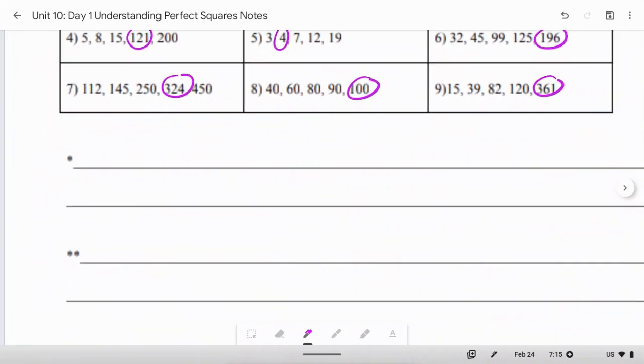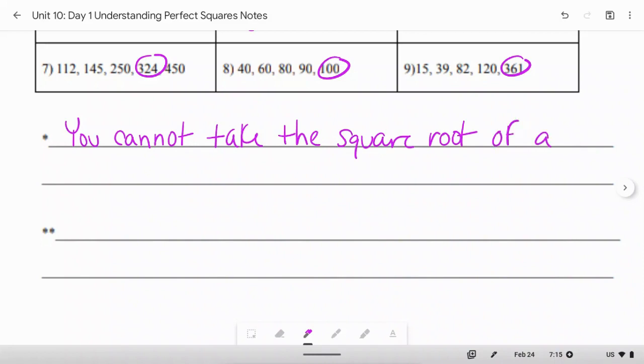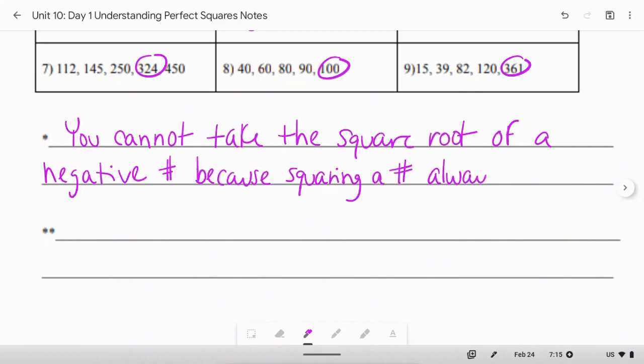So a couple things to keep in mind when we're taking the square root of a perfect square number. So the first thing to keep in mind is that you cannot take the square root of a negative number, because squaring a number always results in a positive.